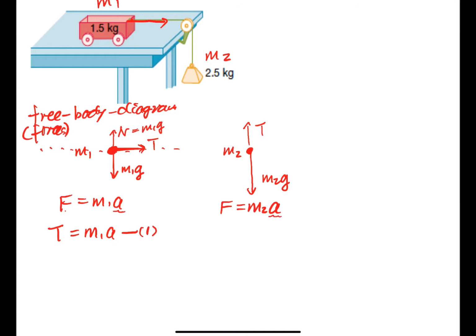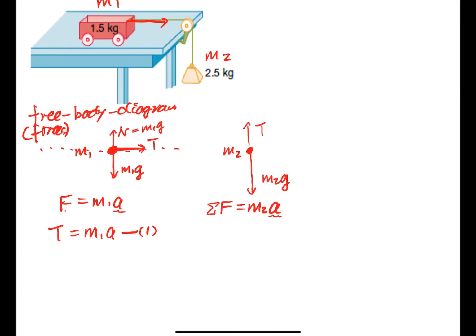Why? Because they are connected. The two objects are connected. Make sense? If this accelerates this way at 1 meter per second squared, therefore the other also accelerates 1 meter per second squared down. So the magnitude of A must be the same. Now, how would you write this one? Remember, this also means the sum. You have 2 forces.